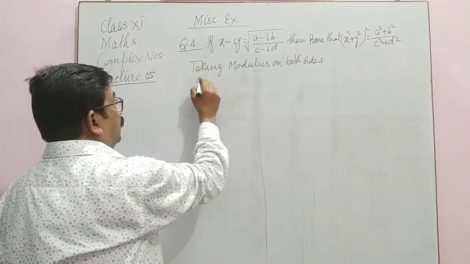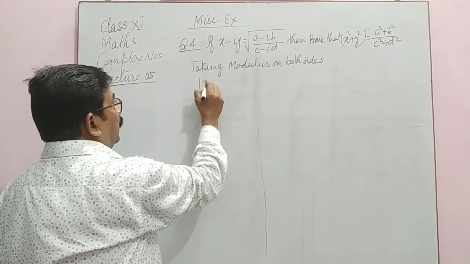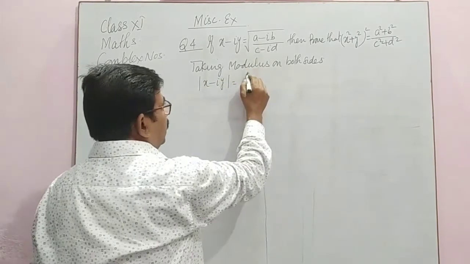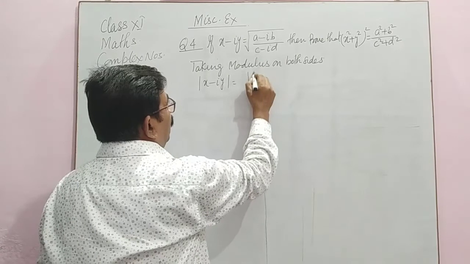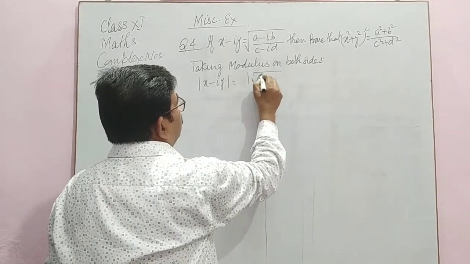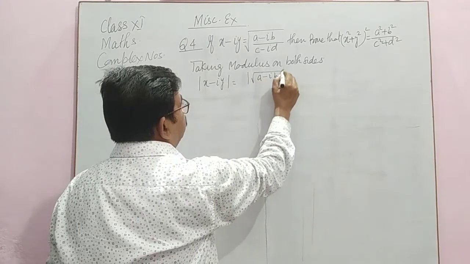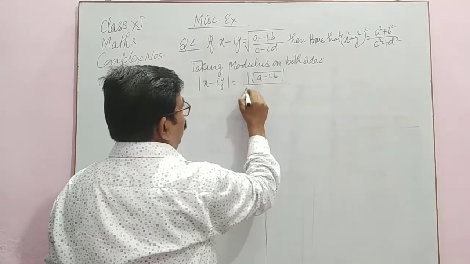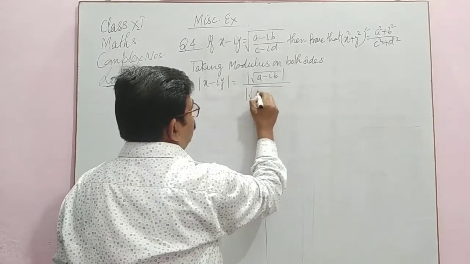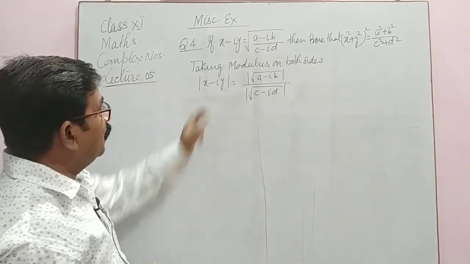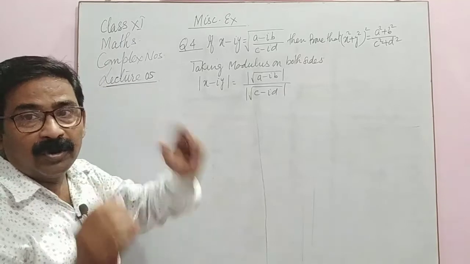I am writing mod of x minus iy is equal to, separating this, mod of under root (a plus ib) upon mod of under root (c minus id). Got it? Now I am writing the modulus value.